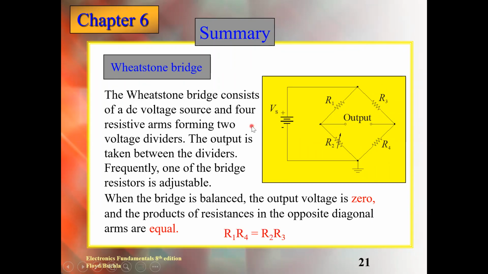So this is the balanced condition. If this is satisfied, we will say that the bridge is in the balanced condition. If this condition is not satisfied, that is, the bridge is not balanced, it is unbalanced, and there will be some output here.